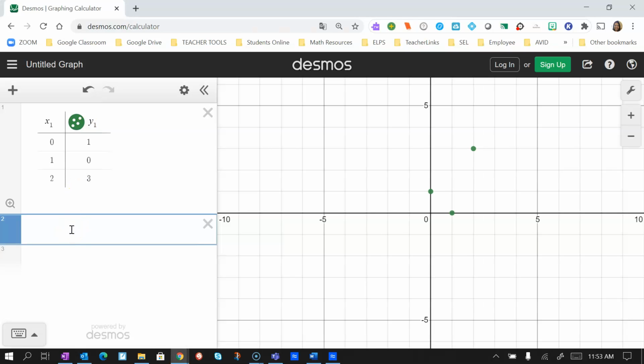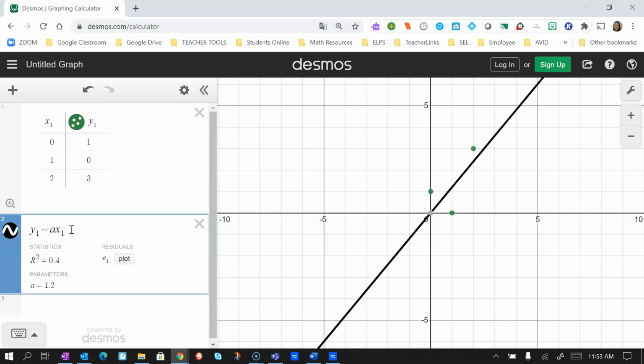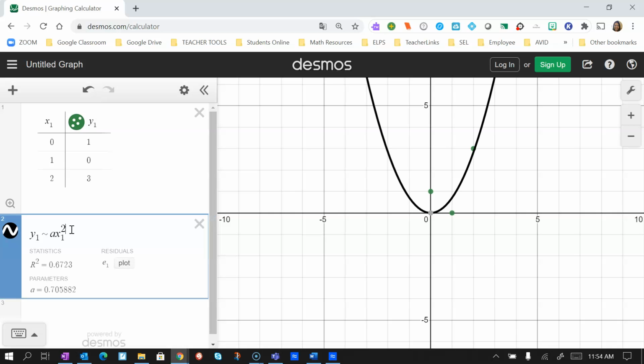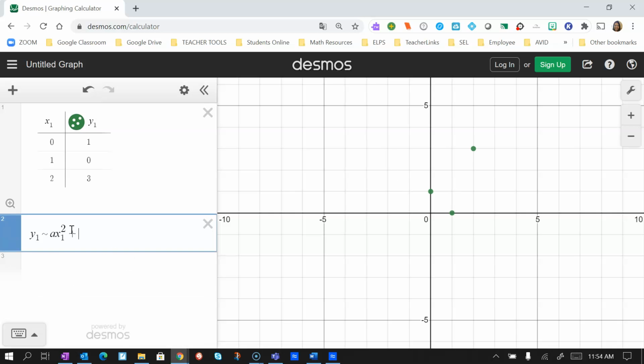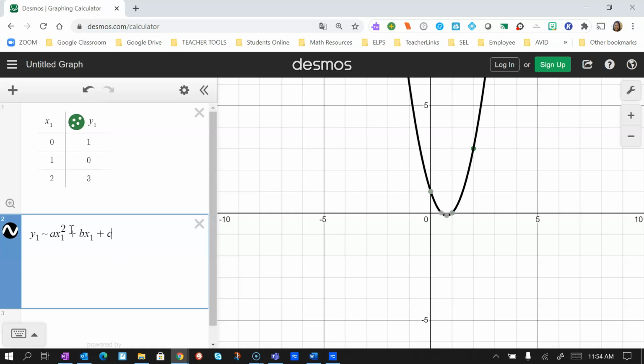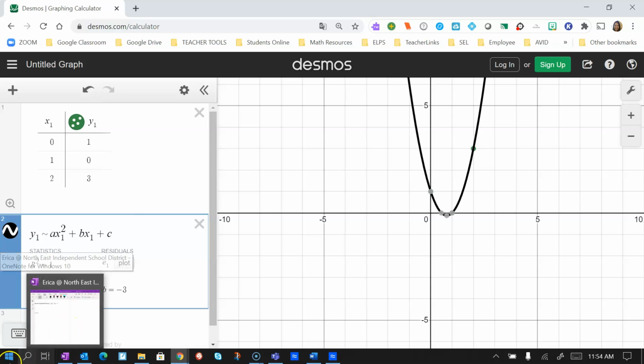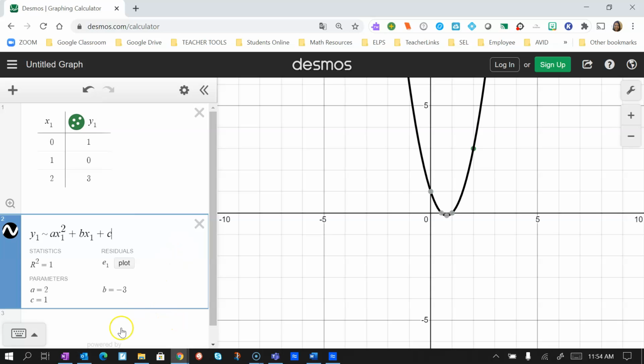So we've got y1, and then that little squiggly that you have to put shift, and it's above the tab key, and then ax1, and then shift 6 squared plus bx1 plus c. And it gives us our a value, our b value, and our c value. So all we're going to do is use those a, b, and c values to write our equation. So a is 2, b is -3, c is 1.